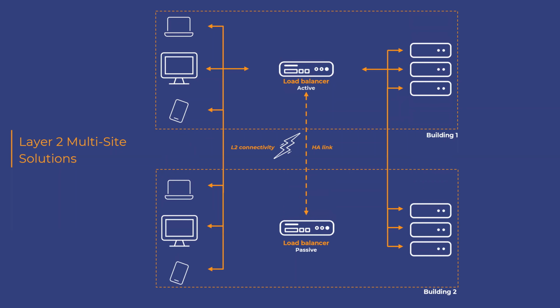The first thing, and where we're talking layer 2, is really just to stretch the services or locate the services in multiple buildings. In doing this, what you're looking at is the same services that were in one data center really just being located in 2 different centers.